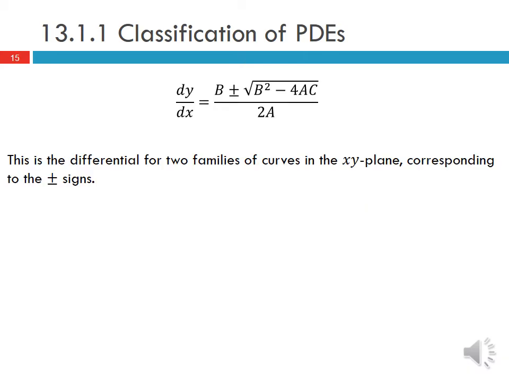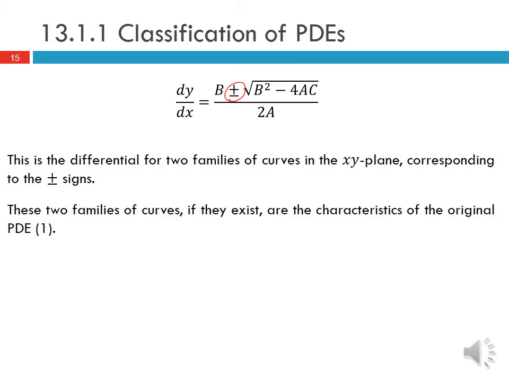So this is the differential equation for two families of curves in the xy plane, corresponding to the positive and negative signs here. So these two families of curves, if they exist, are the characteristics of the original PDE.